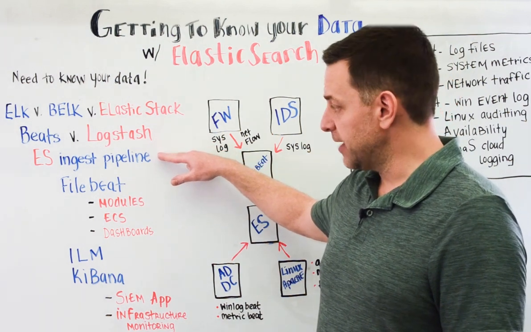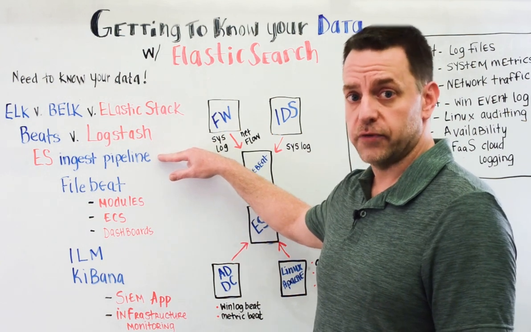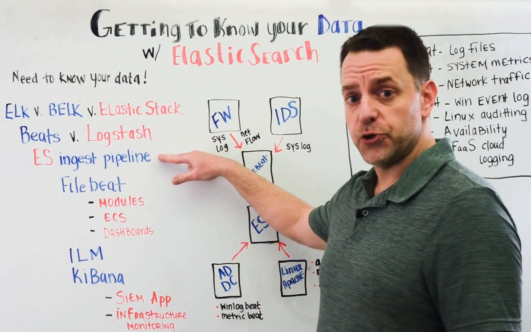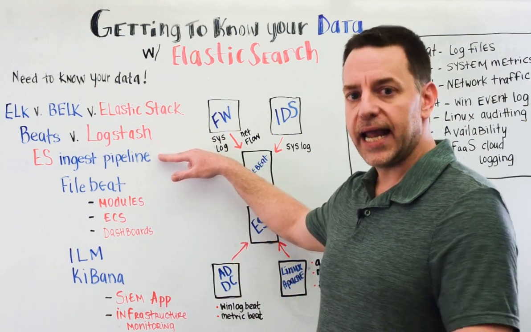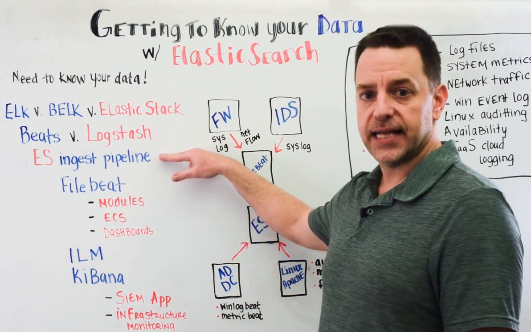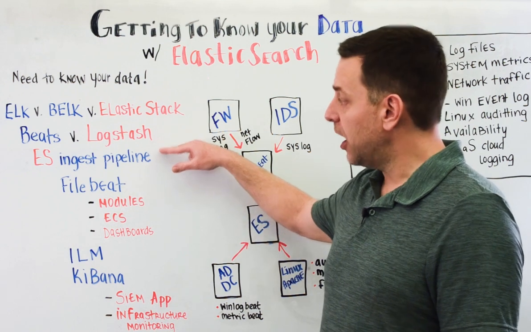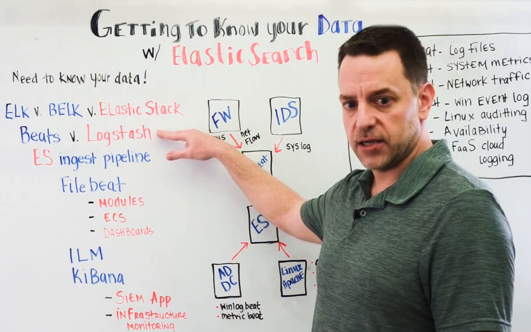This pipeline, whenever you go ahead and you deploy a Beat, is created on the Elasticsearch server automatically, but it's there for you to modify as well. So anything that you need to do regarding renaming, removing, adding, all of that can be done through an Elasticsearch ingest pipeline. Unlike if you went the Logstash route, it would be parsed within Logstash.